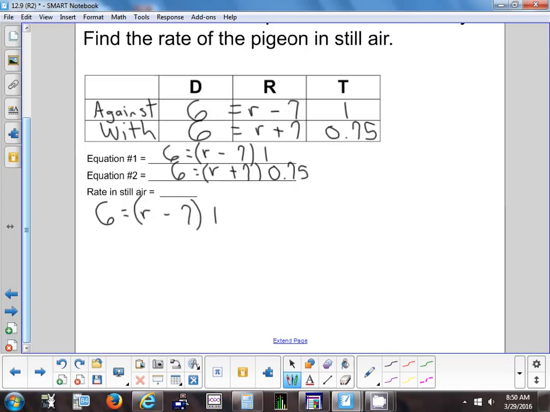So we'll distribute first. 6 equals what? When I distribute, usually guys, we have the number in the front of the parentheses. In this case, it's behind it, but we can still distribute, right? All right.